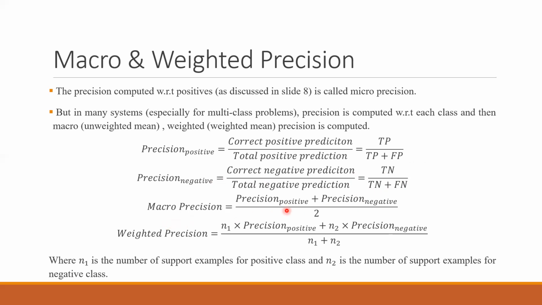Macro means that you are taking the average of positive and negative, versus weighted precision means you are also taking into account the number of items in the positive class and the number of candidates in the negative class. So N1 and N2 will be affecting, let's say overall 60% items were positive. So 0.6 will be N1 and 0.4 will be N2.